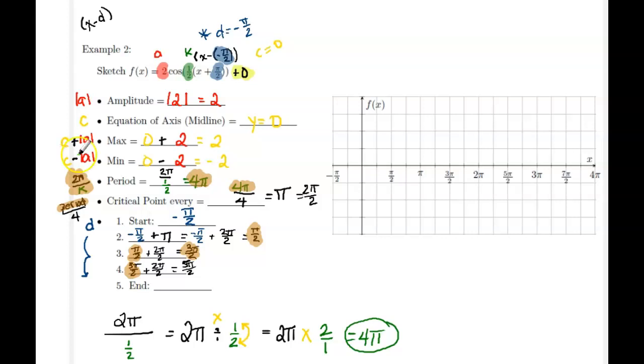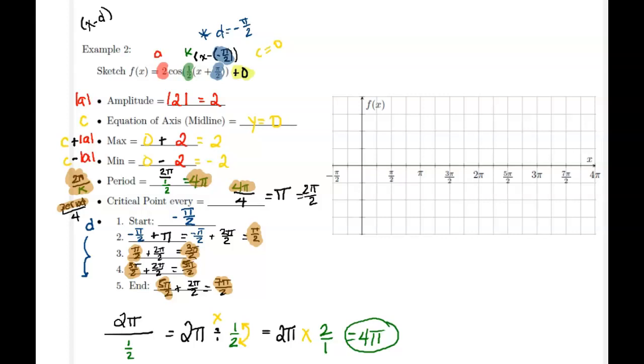And we do that one last time to find my fifth and final critical point: 5 pi over 2 plus 2 pi over 2, which equals 5 plus 2, giving me 7 pi over 2. All right, so I've got all of my key features of this lovely transformed sinusoidal function.